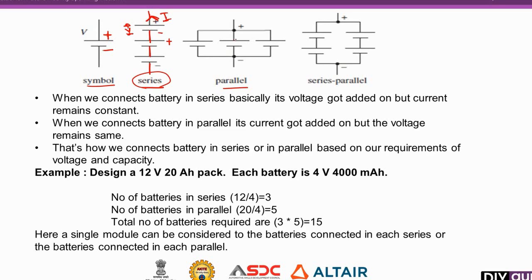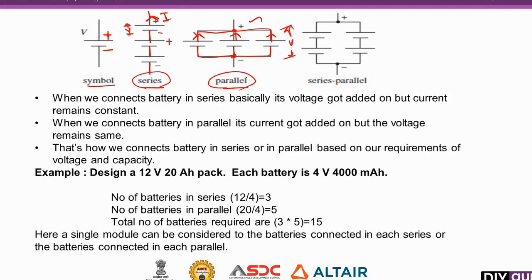Coming to the parallel connection, when all the positive terminals are connected at one point and all negative terminals are connected at some other point, such that the voltage across all the batteries remains the same, but the current flowing through the batteries may vary depending upon the resistance or the capacity of the battery, we call it a parallel connection.